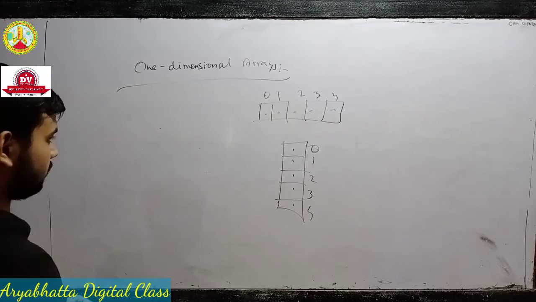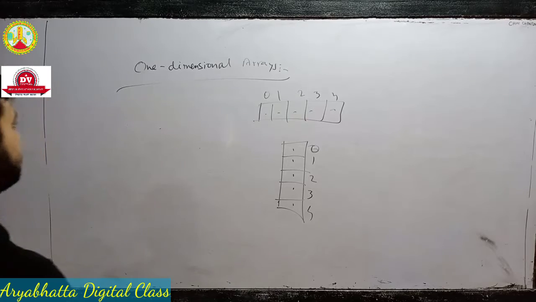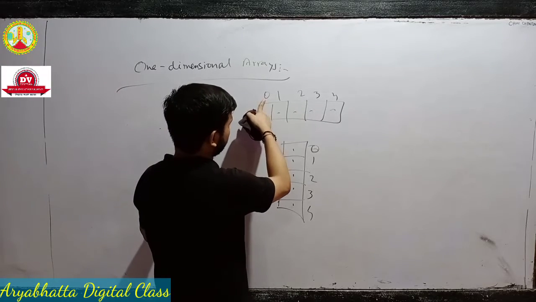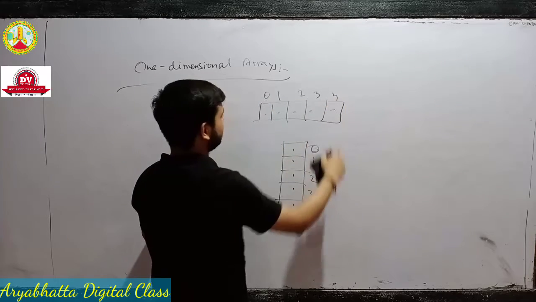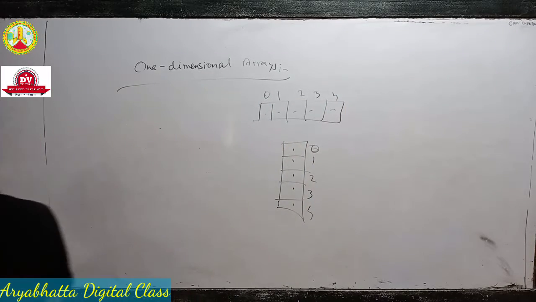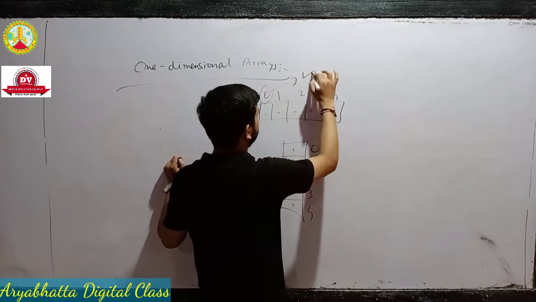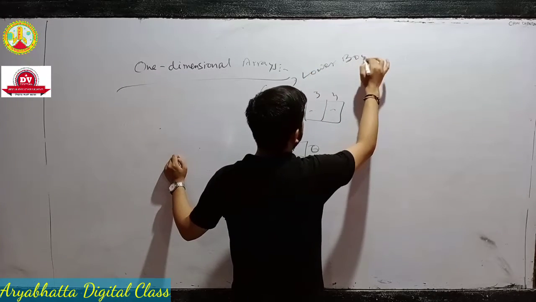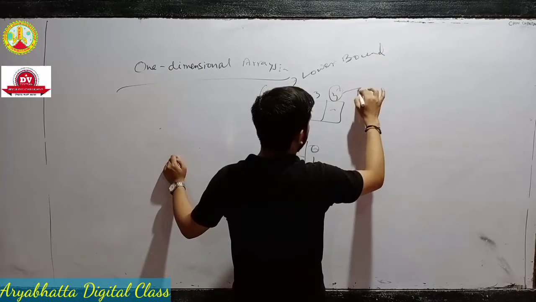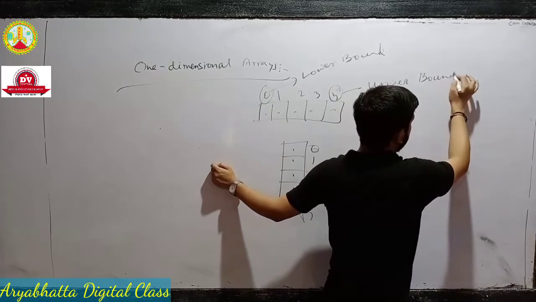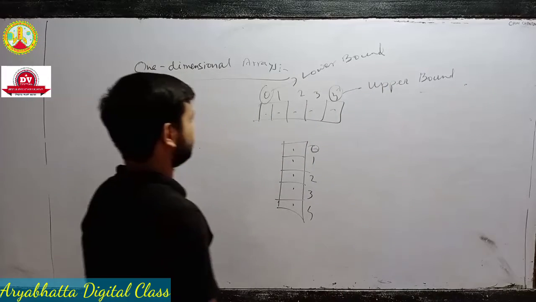So you see, this first index is called the lower bound, and the last maximum index is called the upper bound. I told you this.